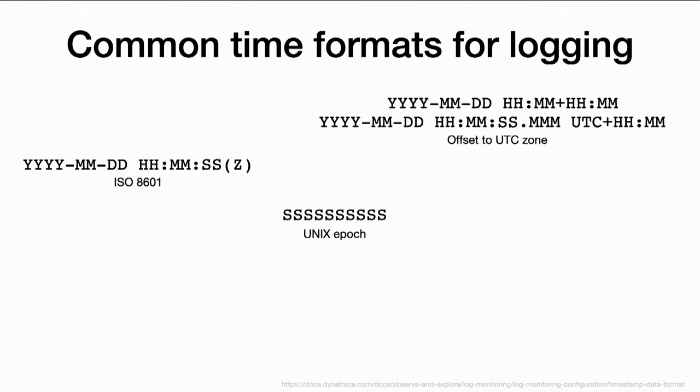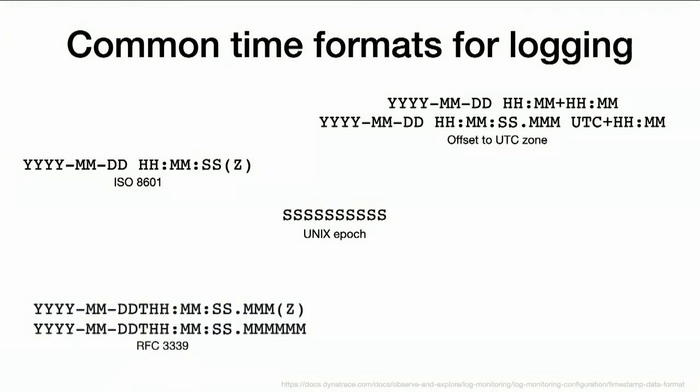Then, of course, we have the Unix epoch. You may have seen it around in Unix file systems. It's just a 10-digit number in seconds. Then we also have RFC 3339, which looks like ISO, but has a T as a separator instead of the space, or sometimes an underscore.